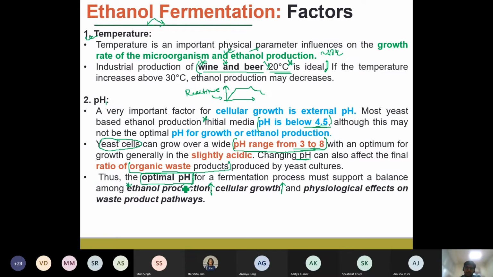So whenever we are taking that into consideration, because sometimes the waste products that are produced change the acid. So for example, as I talked about, sometimes the glucose is oxidized to gluconic acid, like in the last example you have taken. So if it is converted to gluconic acid, what is going to happen? That acid is going to decrease the pH of the medium.